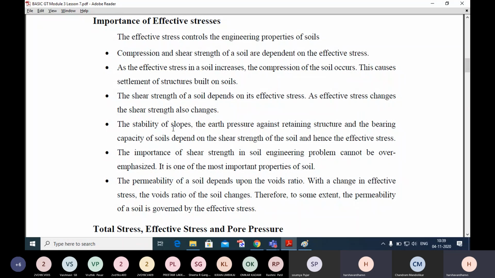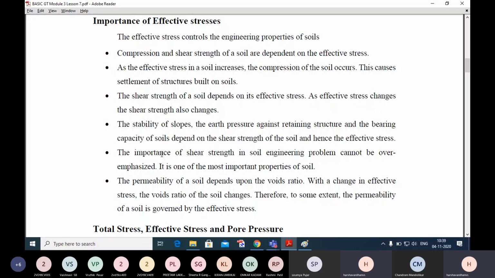The shear strength of the soil is also dependent on effective stress. You will see this in the next module, how the shear strength is dependent on effective stress. We'll go into depth about this in the next module.